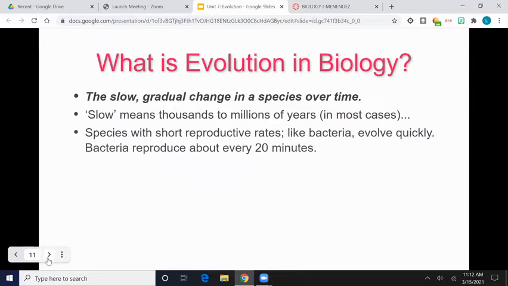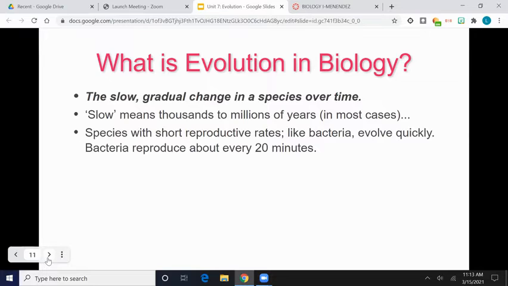There are some species that have short reproductive rates, like bacteria, that can evolve a lot more quickly. Bacteria reproduce about every 20 minutes, so they can evolve significantly faster than, let's say, humans, whose whole lifespan is 80 to 100 years. So it takes a lot longer for us to change as a whole than bacteria.